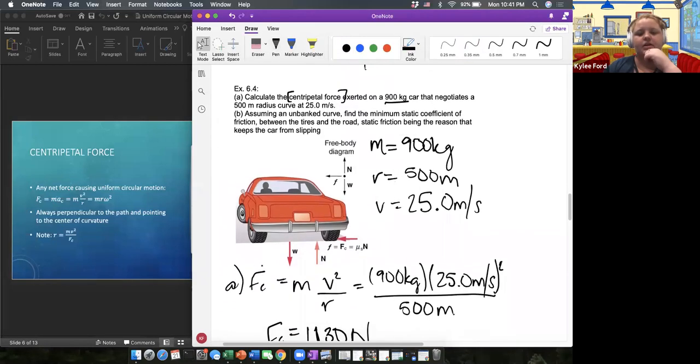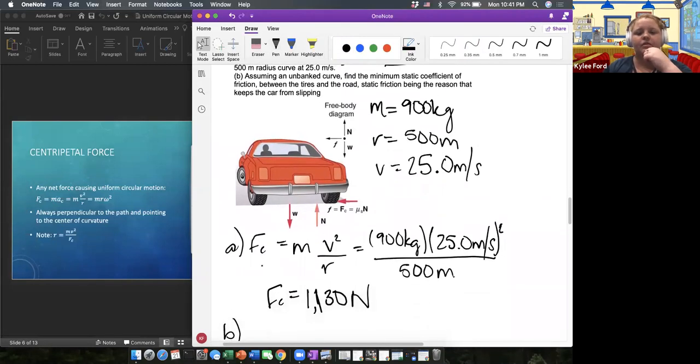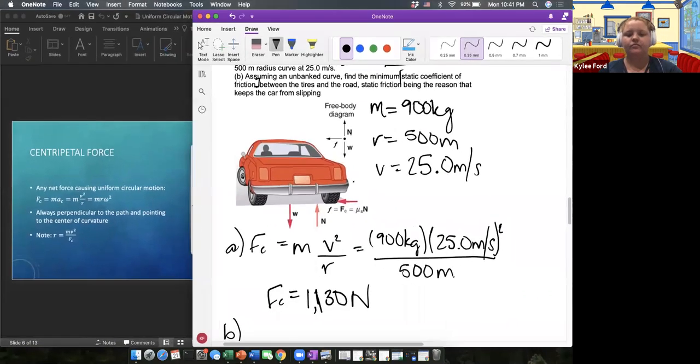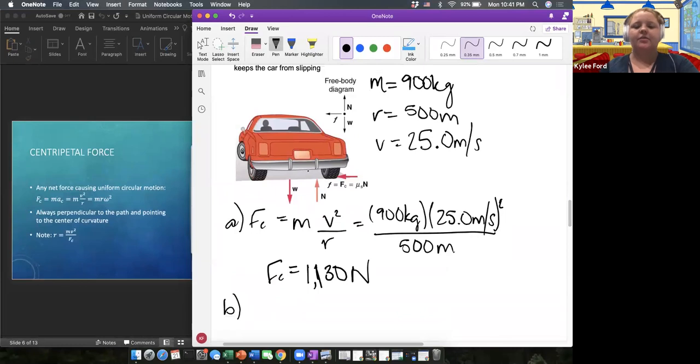Now for part B, we are wanting to find the minimum static coefficient of friction between the tires and the road. So we can look at this free body diagram that they gave us in the problem, in this image.